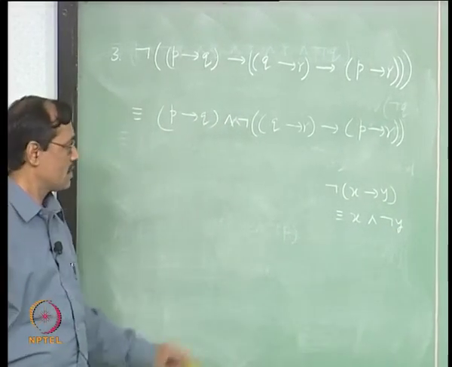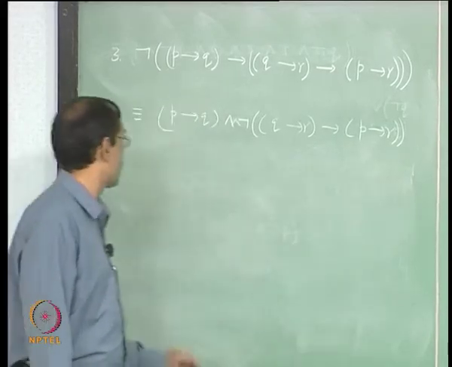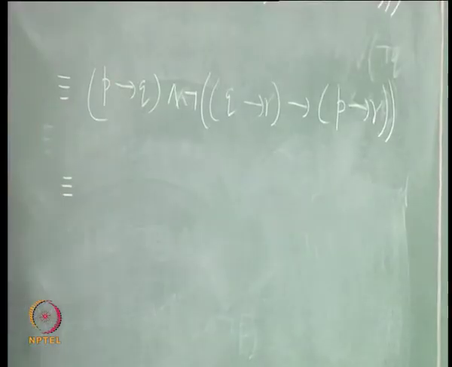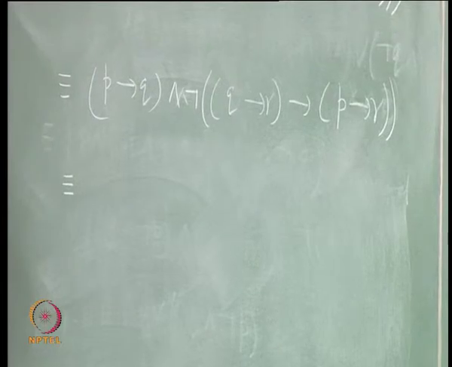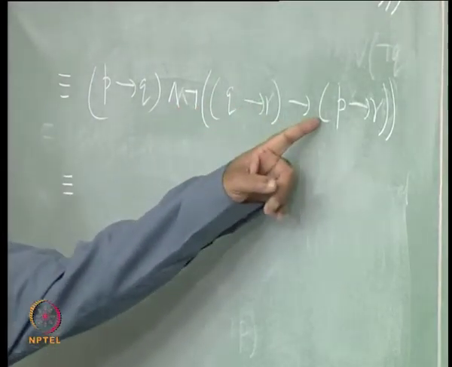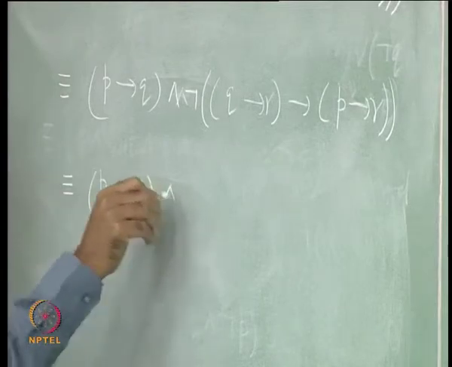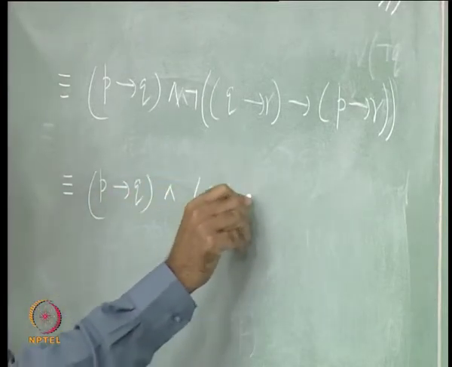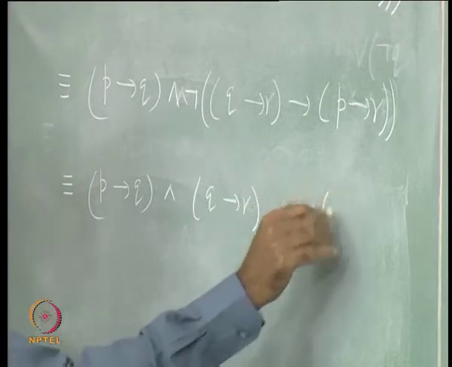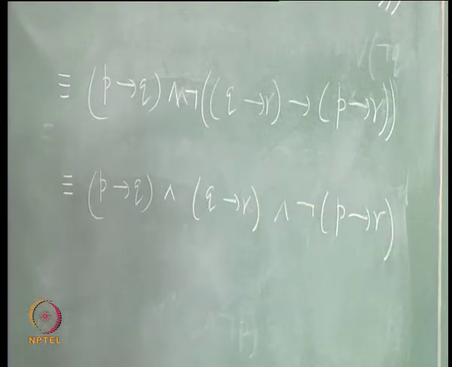Fine. All right. Next, what should we see? Negation again. So, I say P implies Q and Q implies R and not of P implies R. Once more.